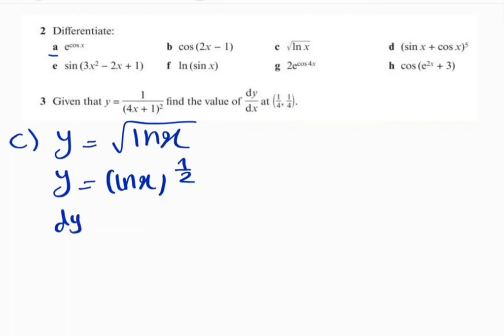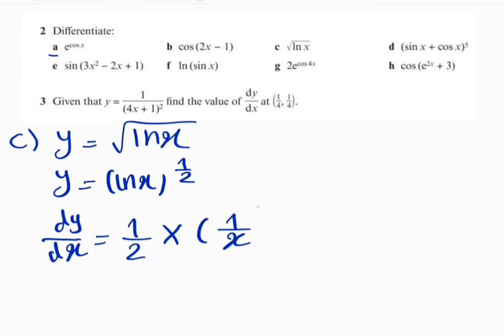So we first start by bringing this power down, which is a half, and then times the derivative of the inside. So the derivative of natural log of x is just 1 over x.